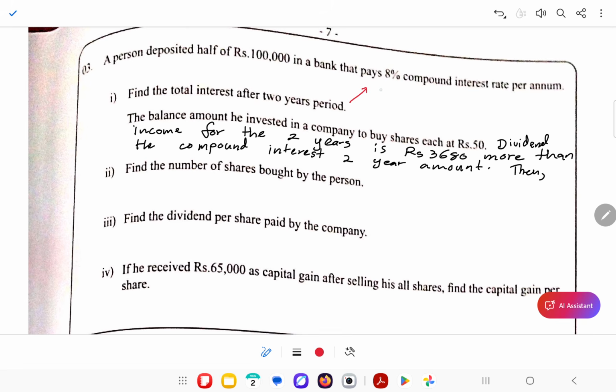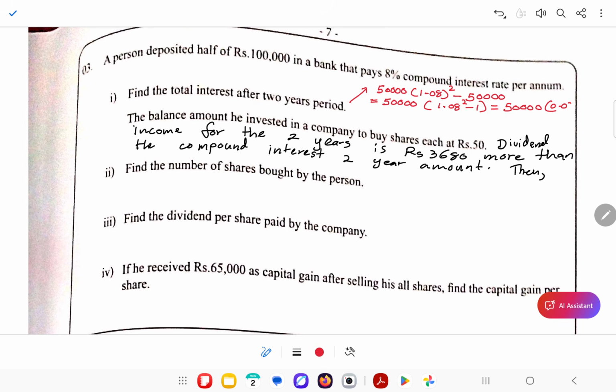So the total after 2 years is given by 50,000 times 1.08 squared. That is the total amount after 2 years. So to find the total interest, subtract the original investment 50,000. So simplify, take 50,000 out, you get 1.08 squared minus 1. You can use difference of squares now.